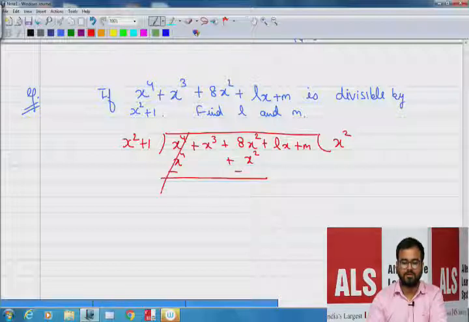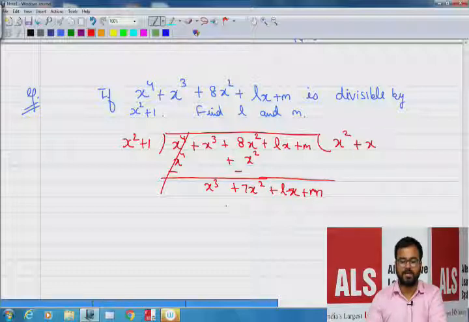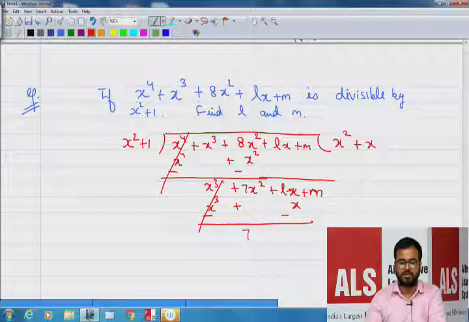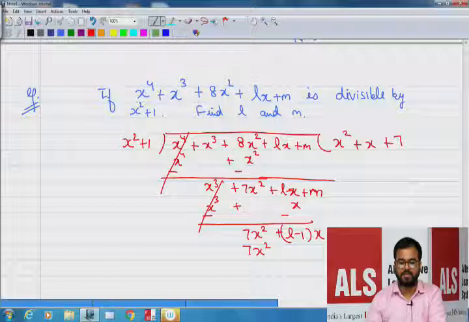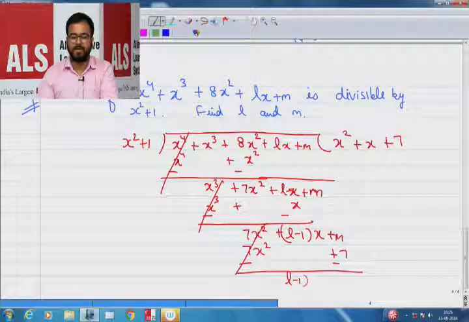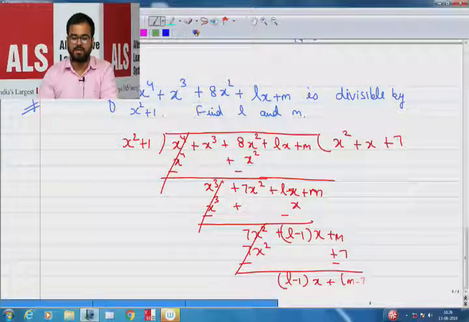Subtracting, it will be x cube plus 7x square plus lx plus m, then multiply by x, that will become x cube plus x, again subtracting, so this will be 7x square, and it will be l minus 1 times x plus m, then multiplying by 7, it will be 7x square plus 7. So we will be left with l minus 1 into x plus m minus 7.